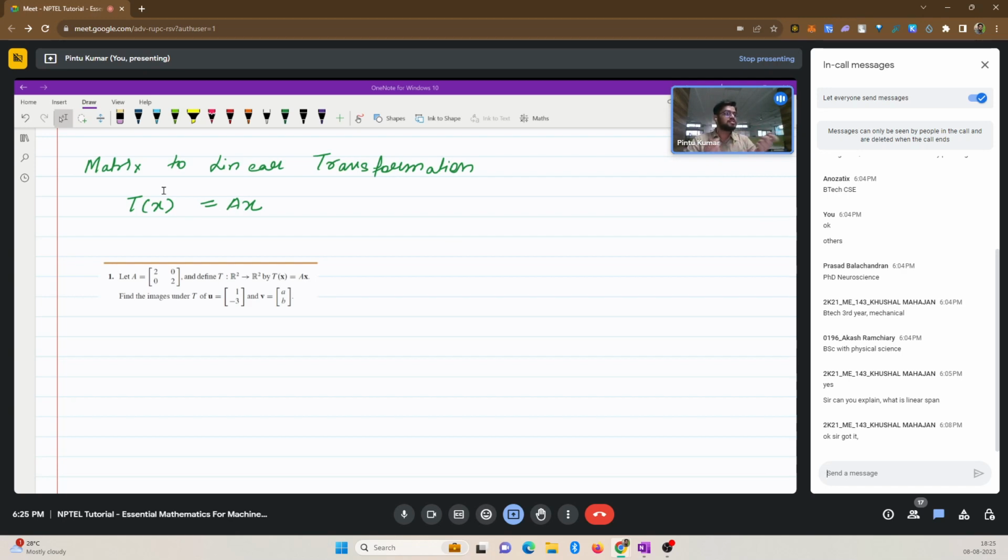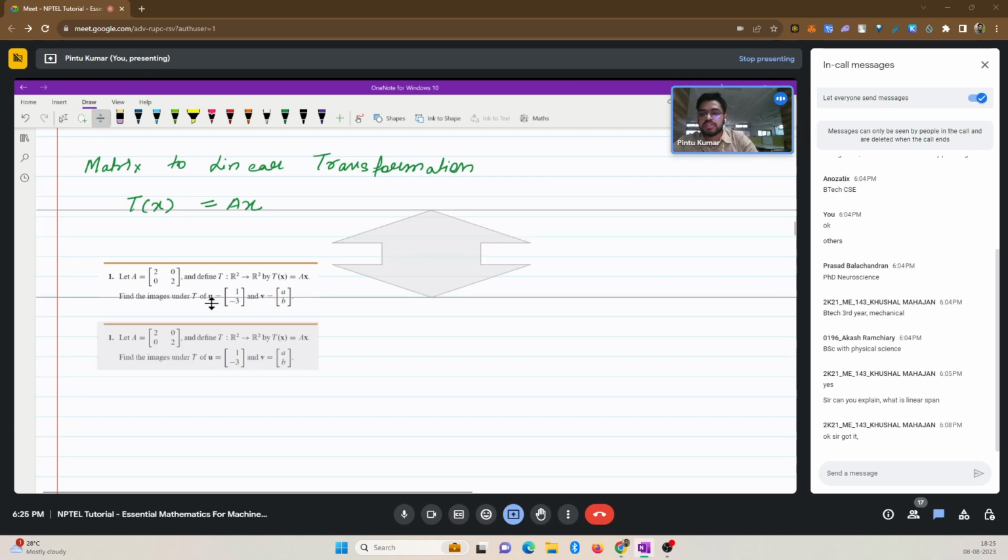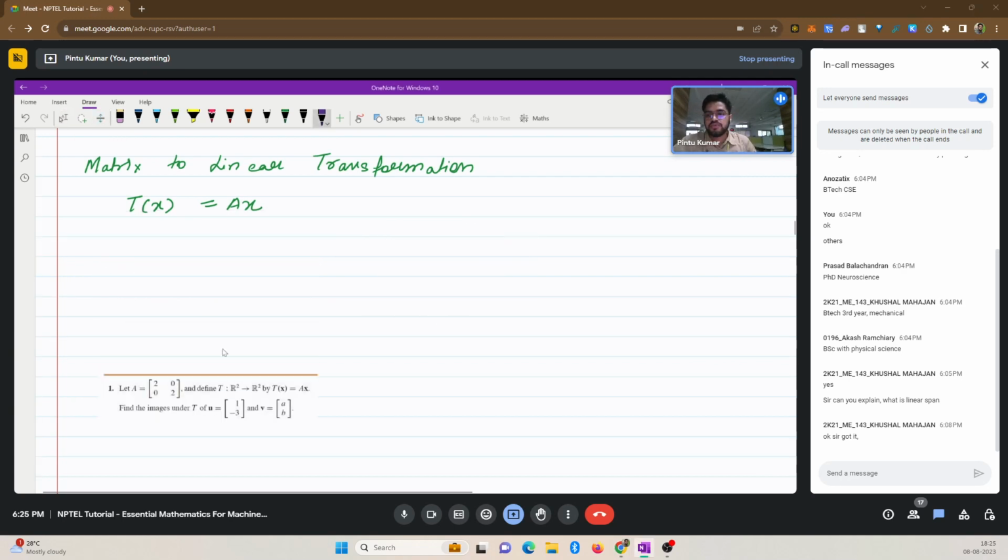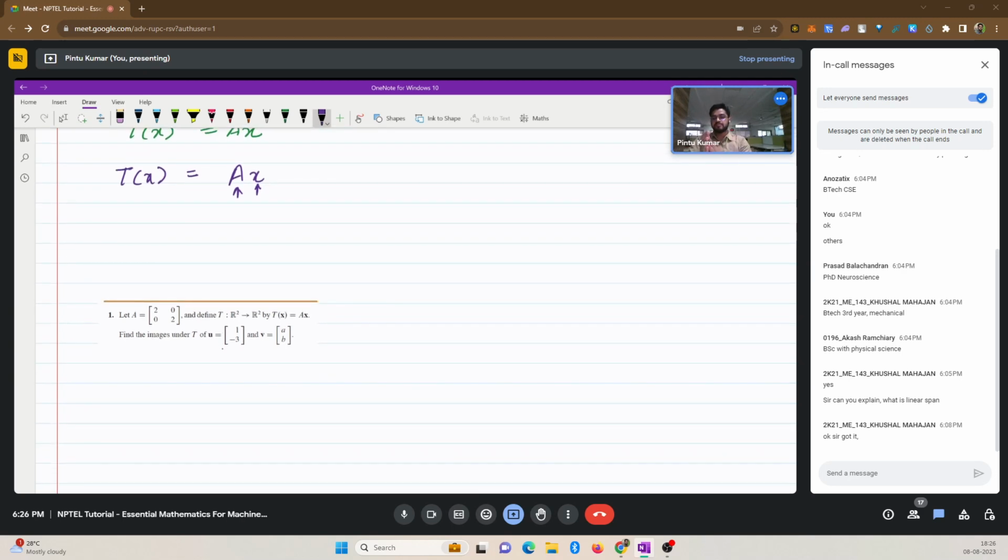So matrices and linear transformations go hand in hand. If you define your linear transformation such that you are just multiplying this vector x with your matrix A, then you are just defining a linear transformation. So this is actually what happens.